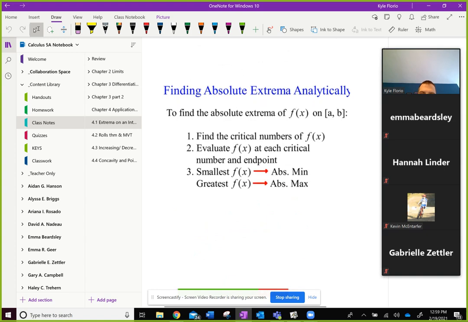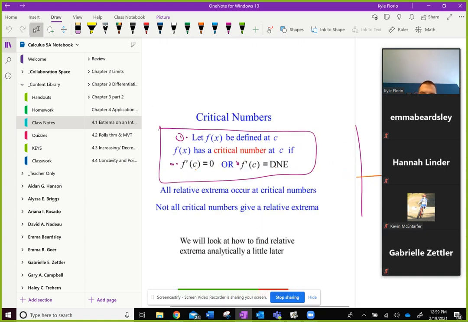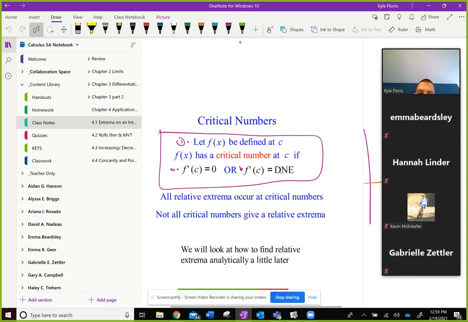This is what we define to be a critical number. The function has to be defined, and the derivative has to be 0 or not exist. Now, in the case that we're looking at, if you plug in x equals 0, the derivative does not exist. That is criteria for a critical number. So just because the derivative doesn't exist at c, that's not the reason why it's not a critical number.